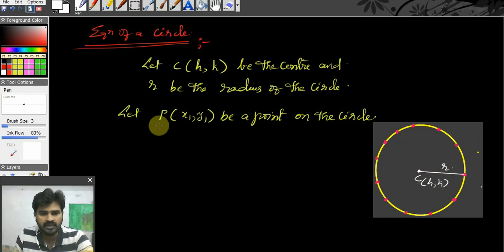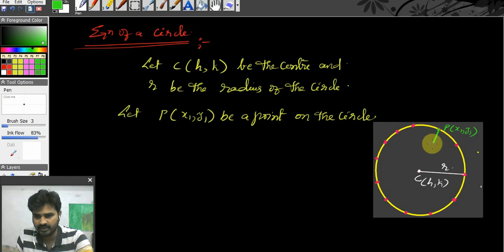Now one more thing we have taken: P(x1, y1) is a point on the circle. Suppose this is a point P(x1, y1). Just now I told you one of the conditions. When we have taken a point on the circle, there will be a property.